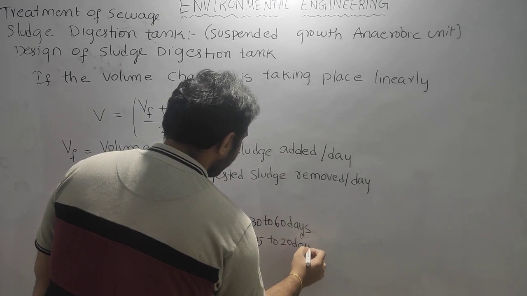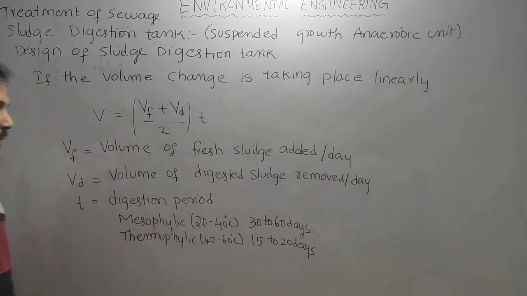Depending upon the type of microorganism, the value will change. So when the temperature is more, the digestion period will be less. This is when there is a linear relationship between the fresh sludge and the digested sludge.